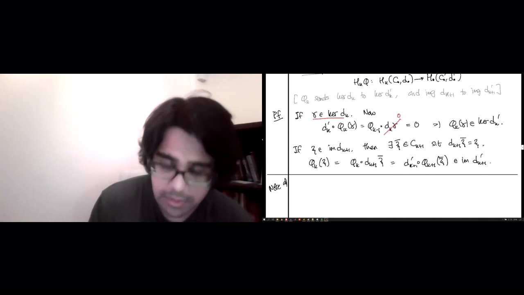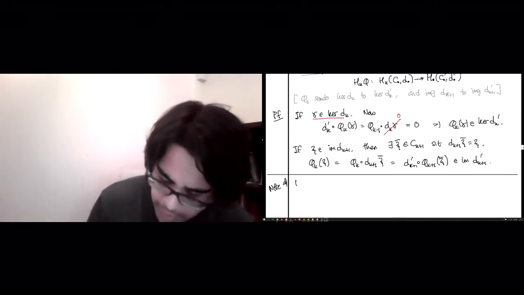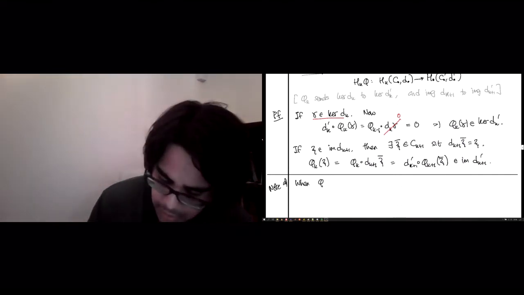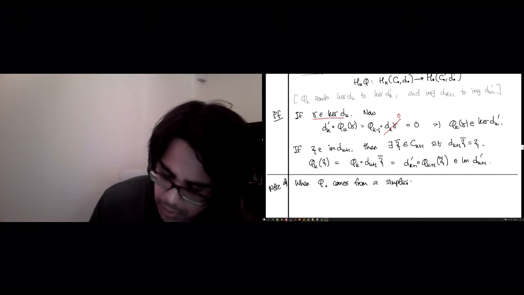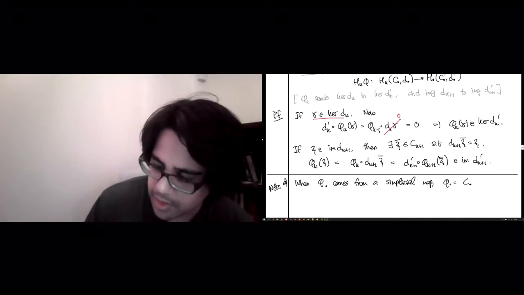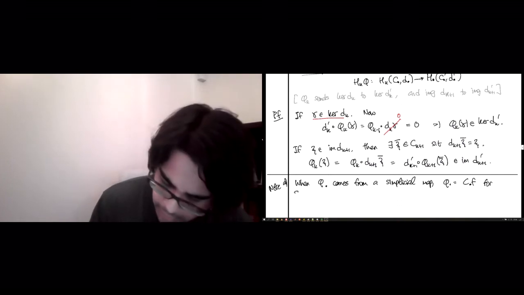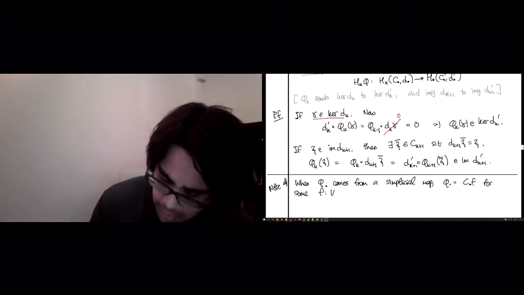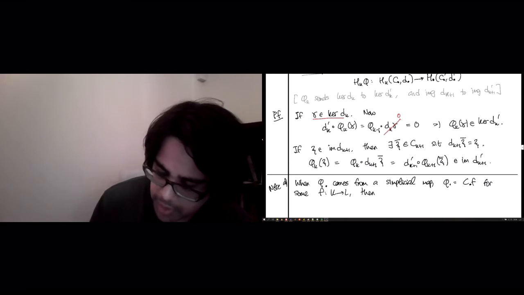The first is when phi comes from a simplicial map, which is to say that phi is C of F for some F from K to L, then we compress notation.